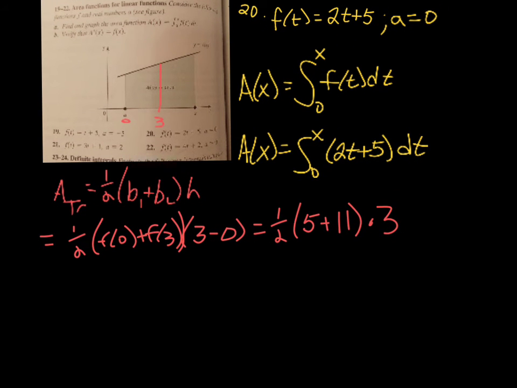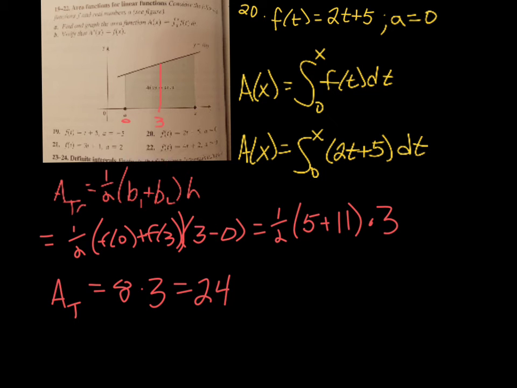So then the area of the trapezoid for our example would end up being 8 times 3 for 24. Okay, so that's the idea, and what I'm going to point out is, to find our height, we had to subtract the endpoints.